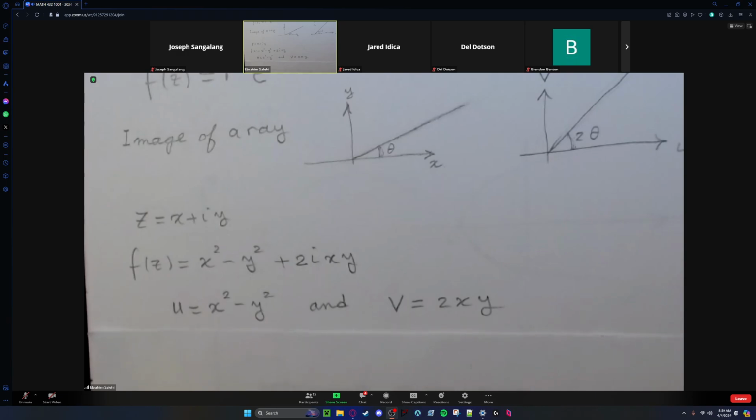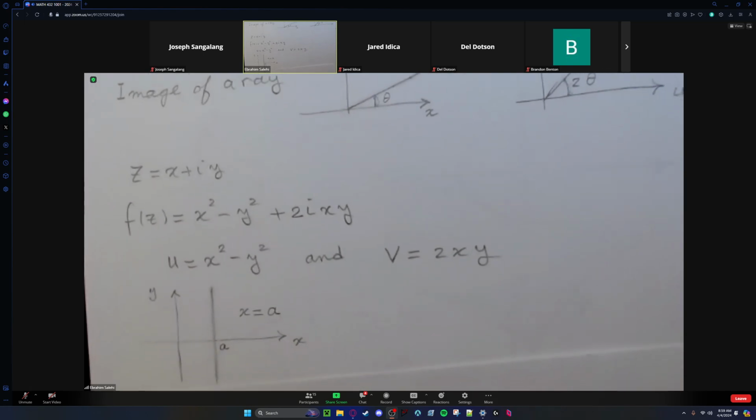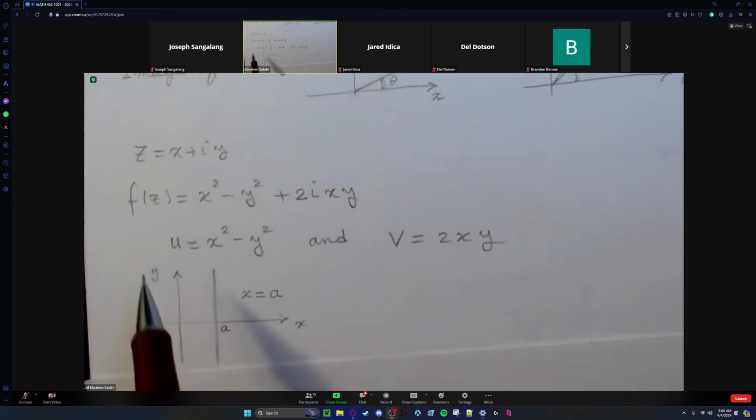Here is U, here is V in the UV plane. Well, another question is, for example, what happens to this vertical line in the XY plane? If we apply Z squared, what do we get?